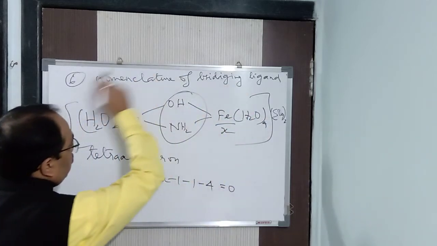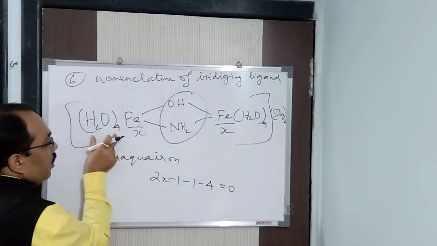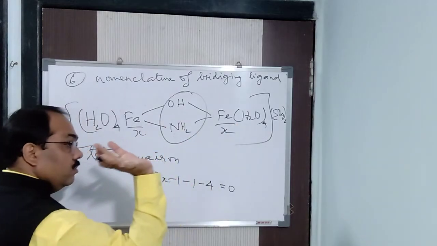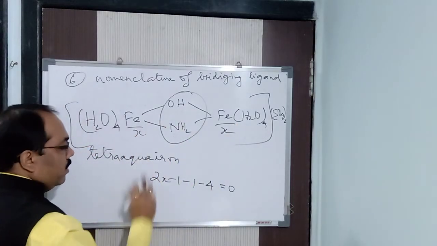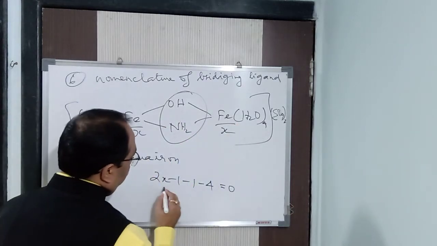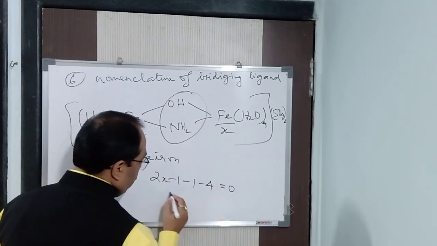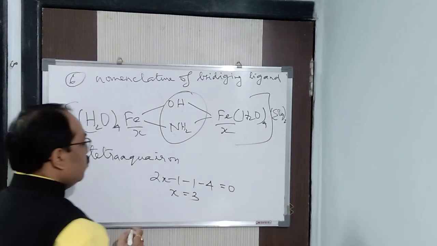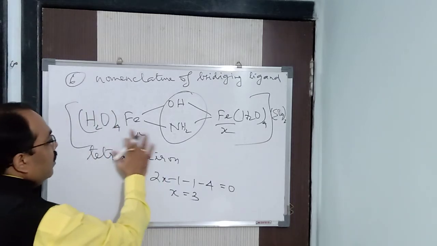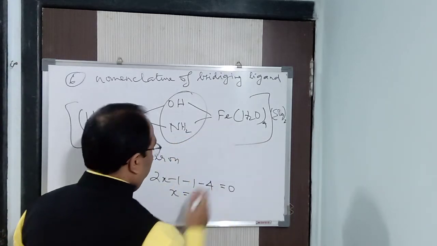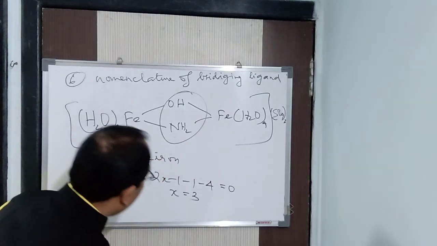Whole thing is equal to 0 because the whole compound is neutral. Water is neutral already. I have told you already, water is a neutral ligand. So hence, 2x - 1 - 1 - 4 is how much? -6. So 2x is equal to 6, x equals 3. So you got the oxidation number of iron as 3. In this way we find the oxidation number.